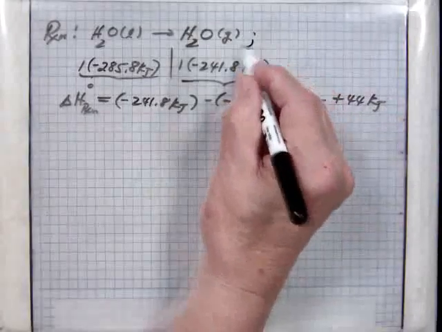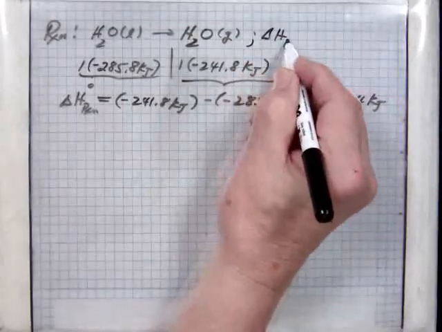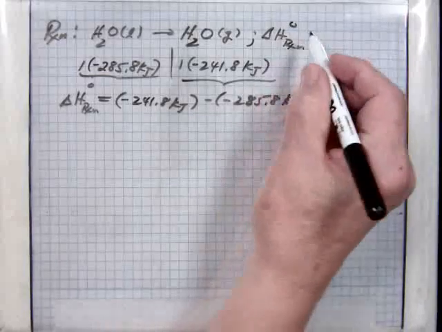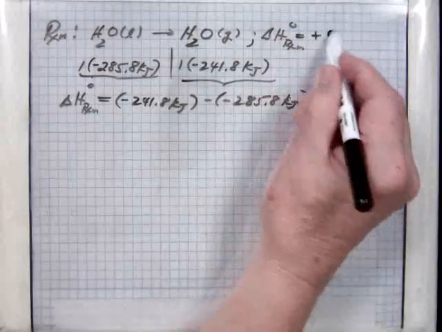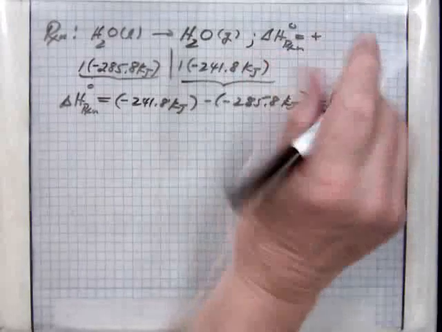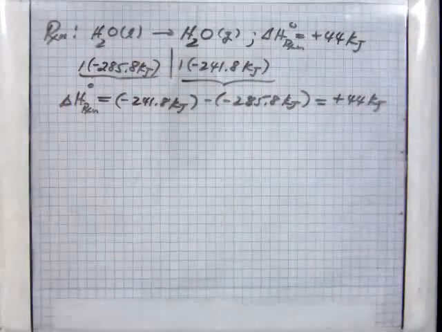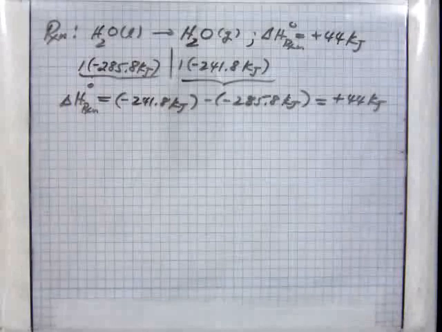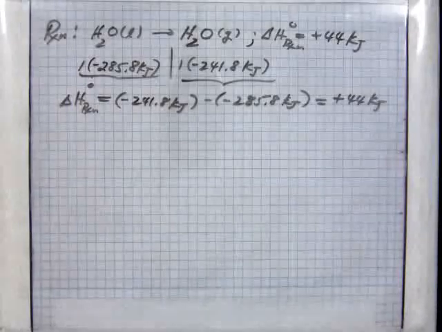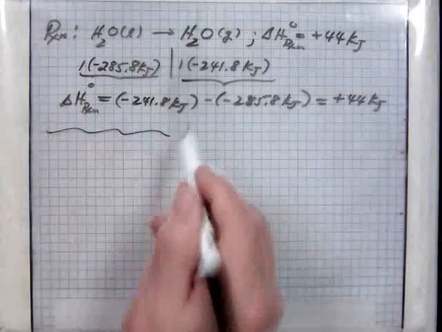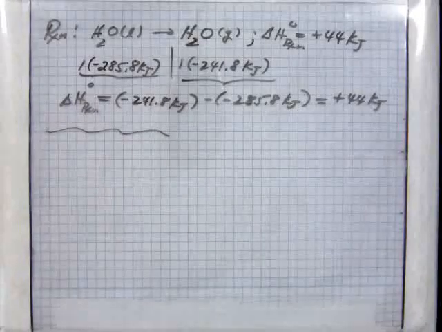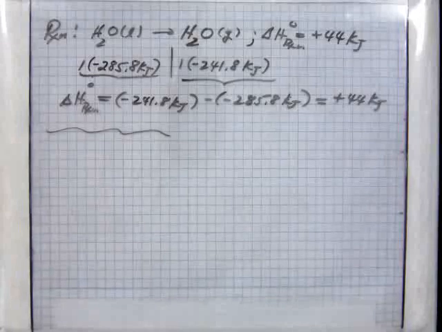So you can come up here and go delta H of reaction is a plus, if you want to put the plus in, 44 kilojoules. That is a very classic reaction that's used many times in explaining certain phase transitions for water. But I just want to work one through just kind of from inspection, so much simpler, obviously, than the Hess law addition and subtraction of equations.